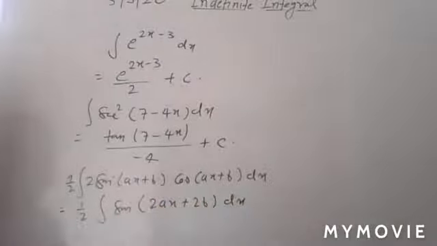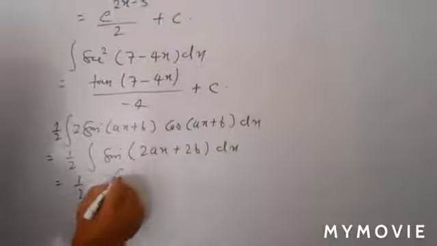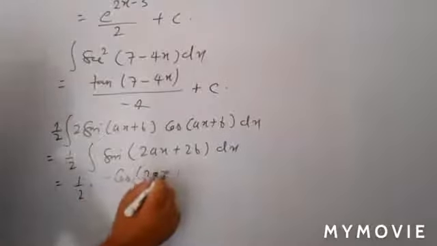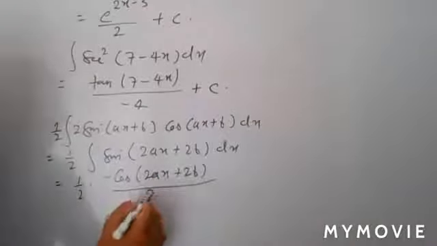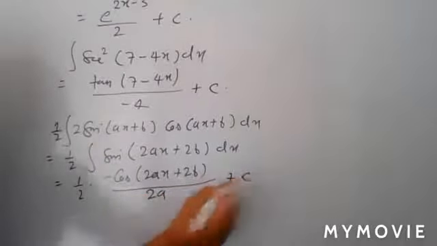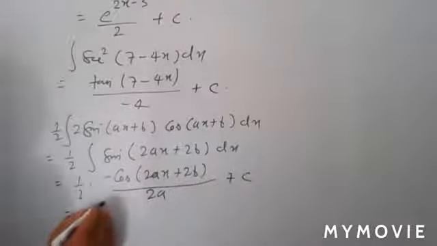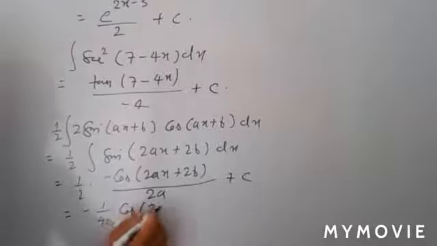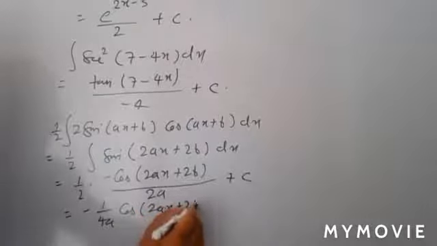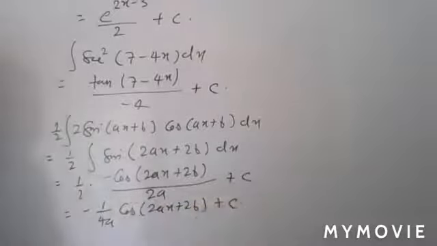Just integrate it. So here you have 1 by 2 into integration of sin x, which is minus cos x. So minus cos (2ax plus 2b) divided by the coefficient of x, which is 2a, plus c. Overall you can write minus 1 by 4a cos (2ax plus 2b) plus c.